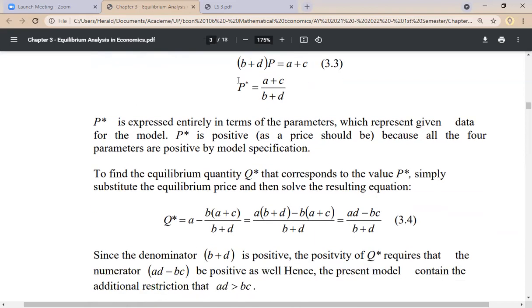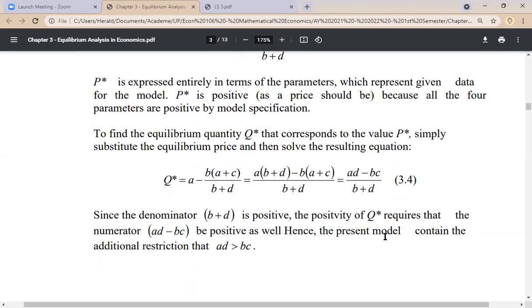Also, if we have P star already, we can go directly and solve for the equilibrium quantity by substituting it into either of the functions. You will arrive at an answer which is Q star equal to (AD minus BC) over (B plus D). Now, take note, class, that the denominator here should be positive. In order for us to also arrive with a positive numerator, then we have a positive Q star.